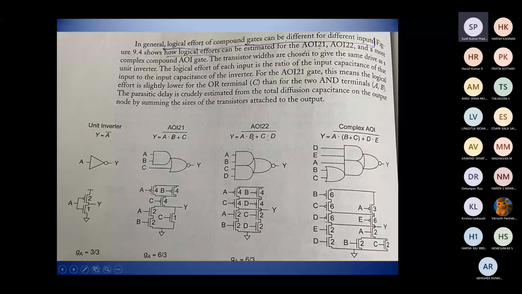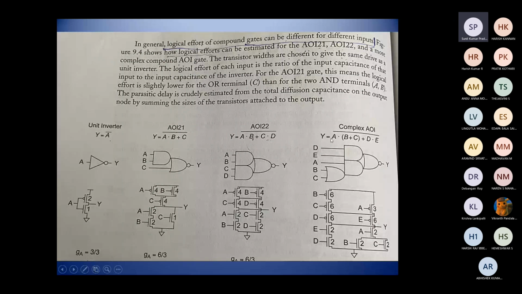Similarly, D and E are connected in series with NMOS, A is in series, and this is connected in parallel with NMOS B and C. Finally, we get the output Y as A dot B plus C plus D dot E complement.